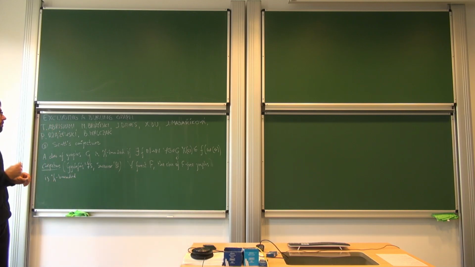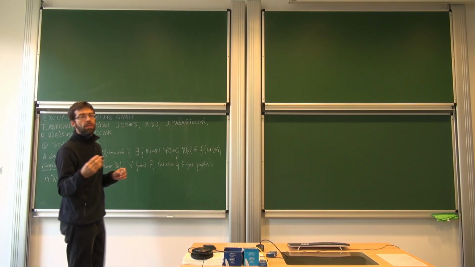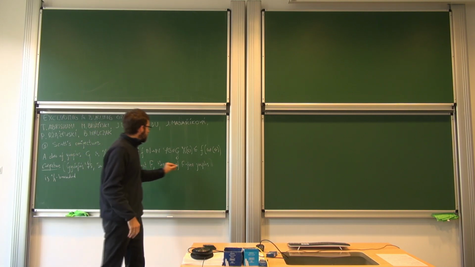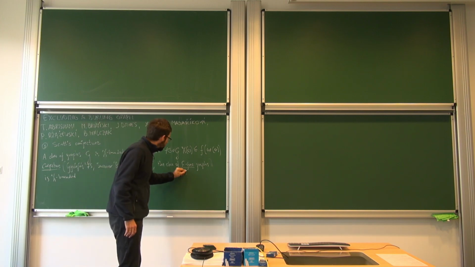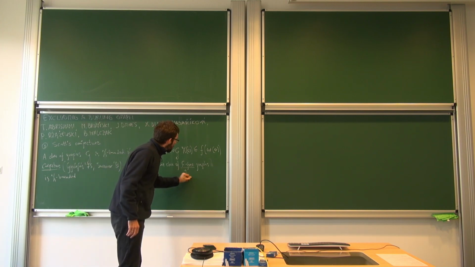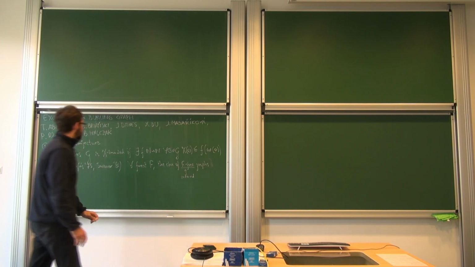So whenever I'm speaking about F-free graphs or something-free, it will mean that we exclude this F as an induced subgraph. Okay, so this is excluding as an induced subgraph.